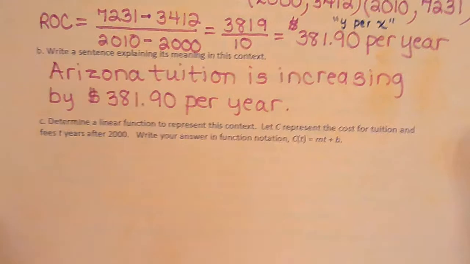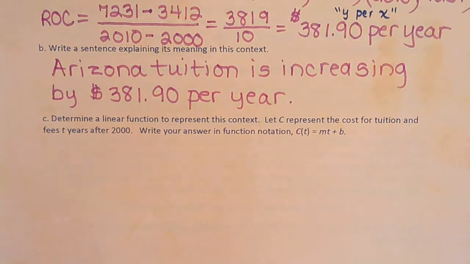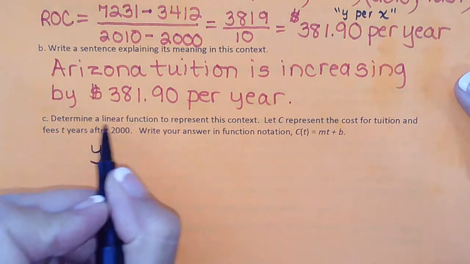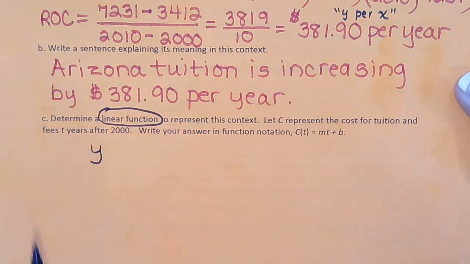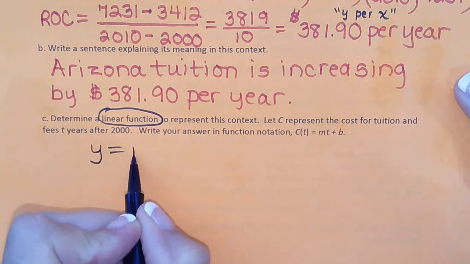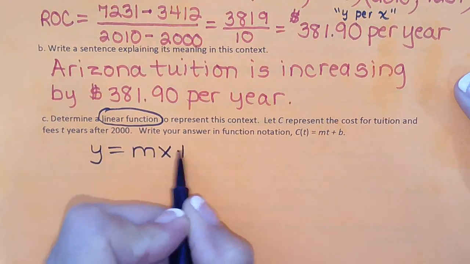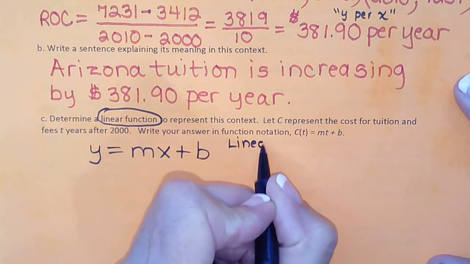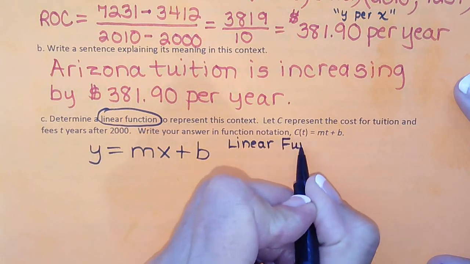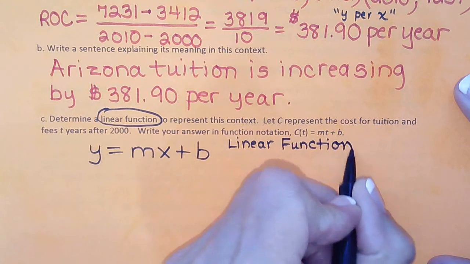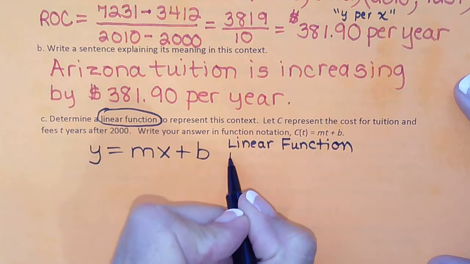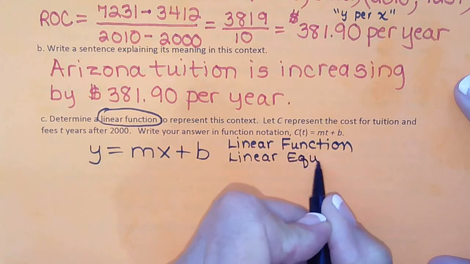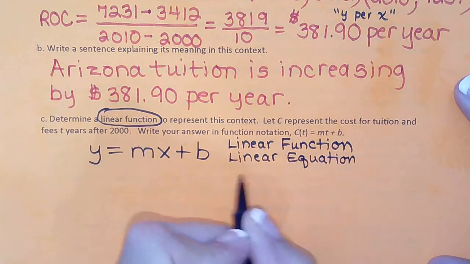Okay, one last one. Determine a linear function. So the minute I see linear function or line or equation, I write this. So this could be called a linear function. That function just means use your function notation like they are here. This could be called a linear equation, or it can just be called an equation. Write an equation.